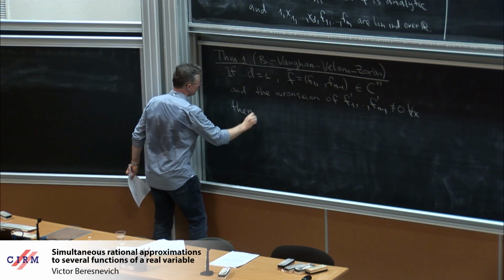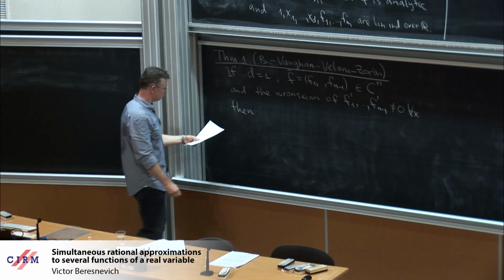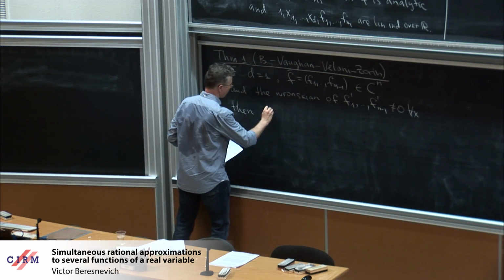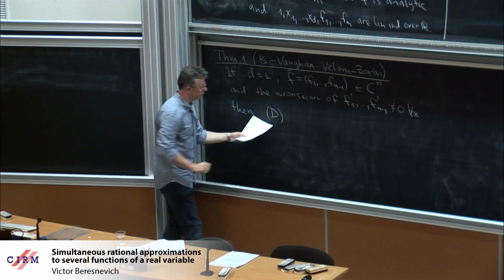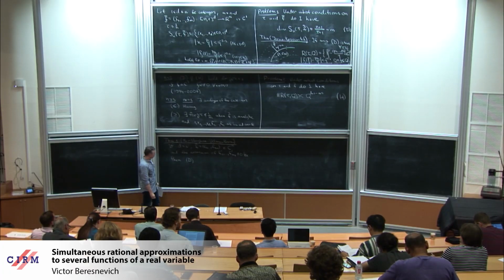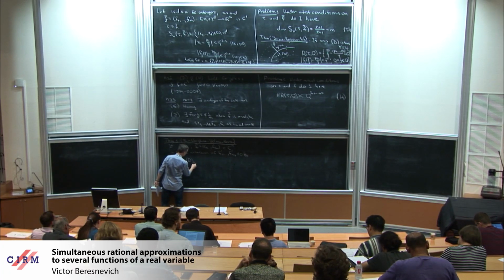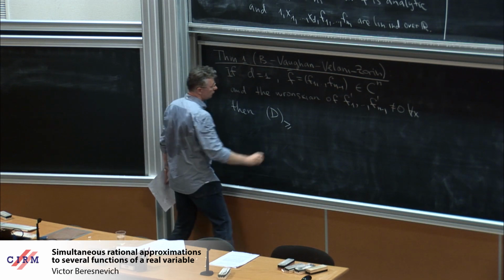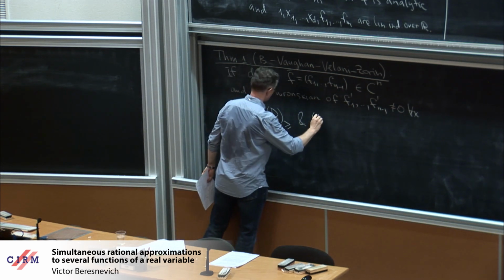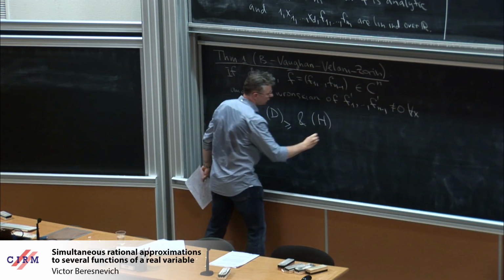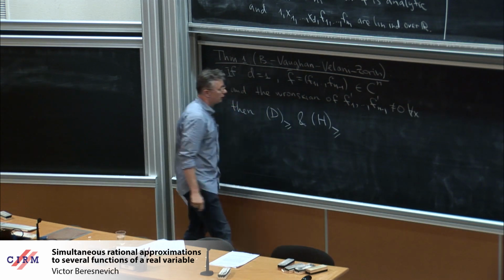Then my dimension equation, but in this case I'm just talking about the lower bound and heuristic for the number of rational points.